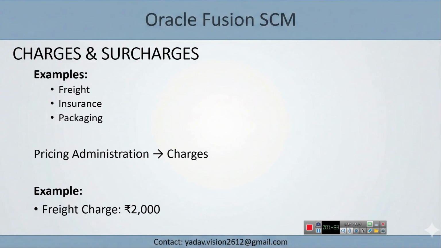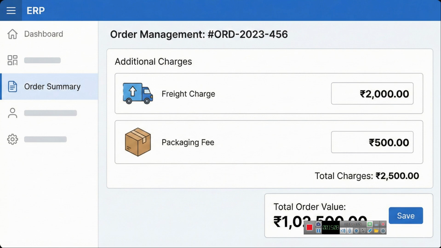All this we are going to specify in the pricing administrator under charges. I'm taking as an example the freight charges of 2,000 rupees. This is how your charges like freight charge and packaging charges get defined, and that's how it's reflected in your order summary as well.